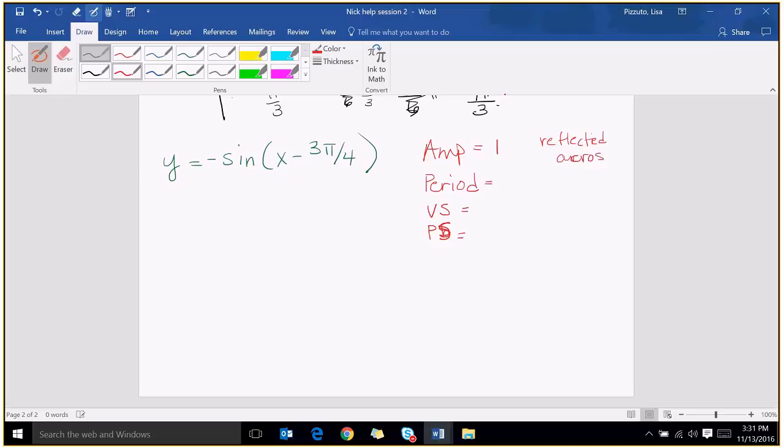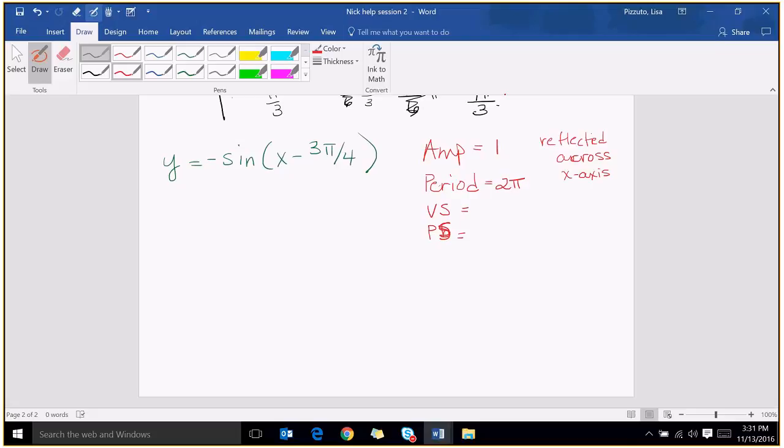Period. Is the period 2 pi? That's correct, because your b value here is 1.